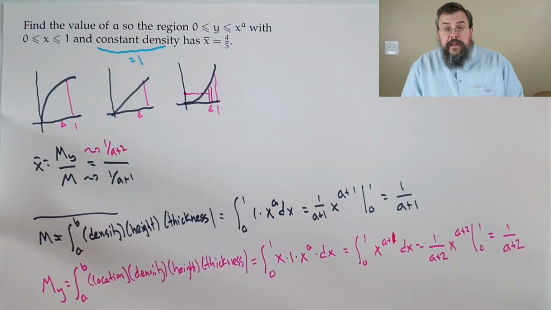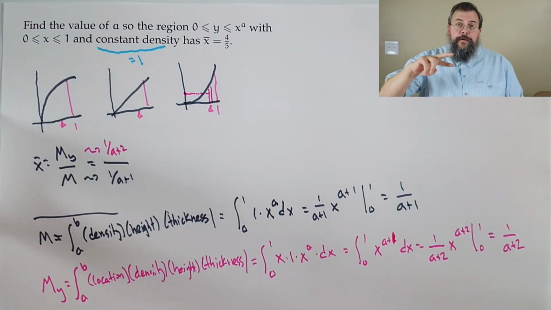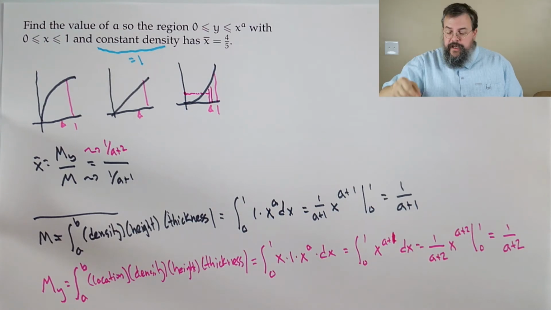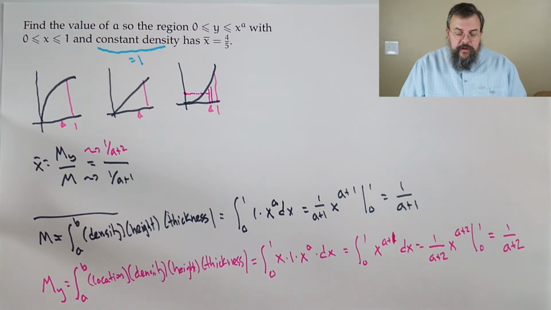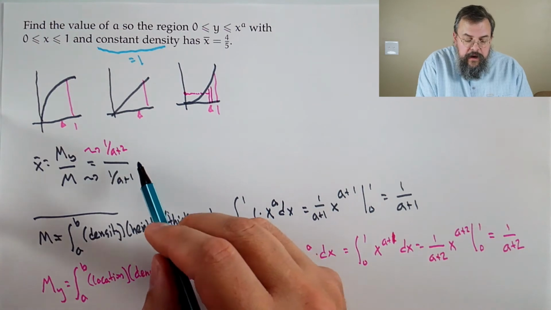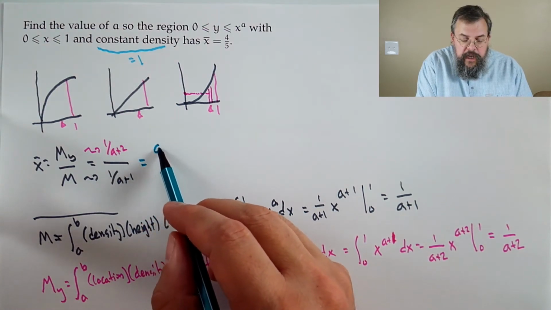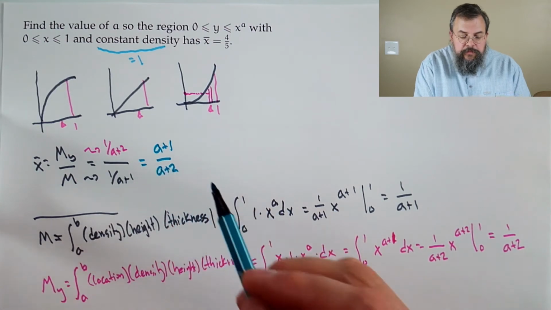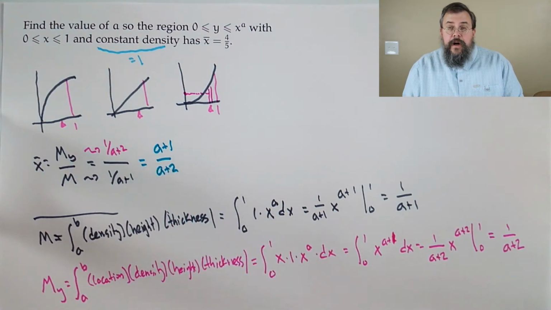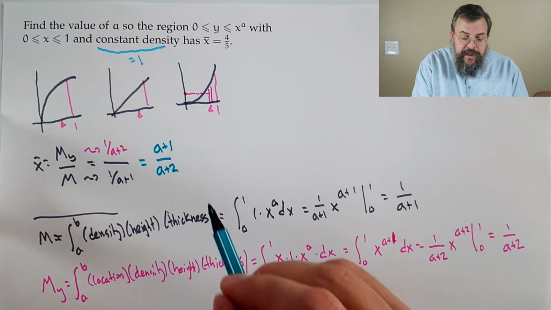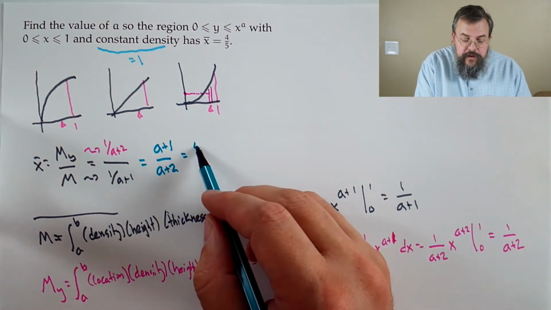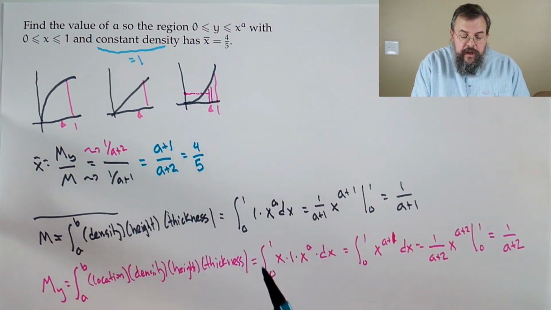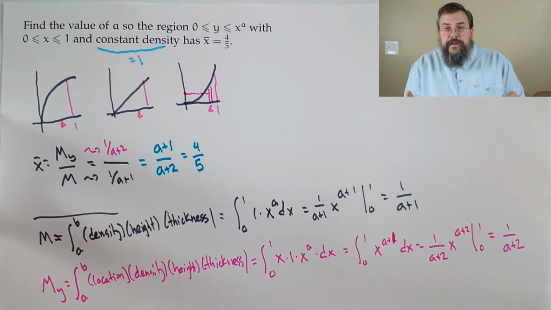Well, okay, if we clean that up, we can certainly take that 1 over a plus 1 downstairs, flip it up, and doing so says our x bar is a plus 1 over a plus 2. All right, and what do we want? Well, we want x bar to be 4 over 5. And now we say, well, that's great.